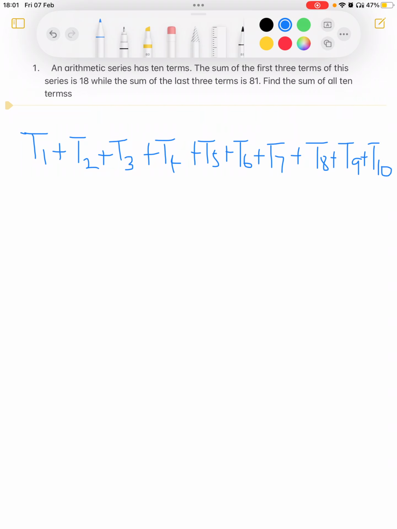And then you're given that the sum of the first three terms, S3, which is T1 plus T2 plus T3, is equal to 18. Then the sum of the last three will be 81. So the sum of terms from 8 to 10 will be equal to 81.